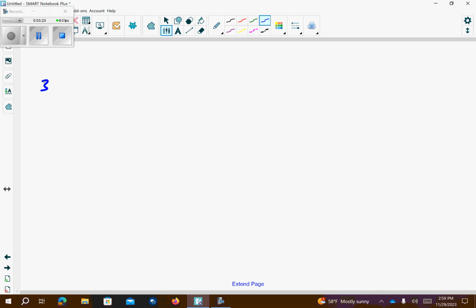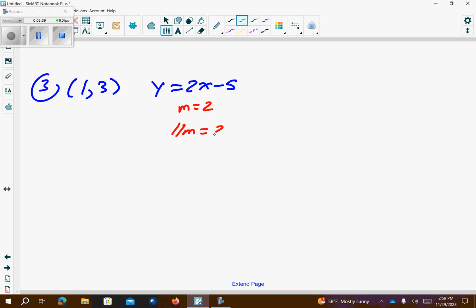Problem number 3. We have 1, 3, and then they gave us this equation. So what we want to do is find the line that is parallel. So I know I have a slope of 2. So my parallel slope will also be 2. And I want to label this x1 and y1. I'm going to use our point slope formula and then plug in things.